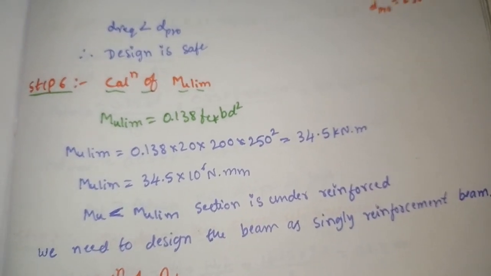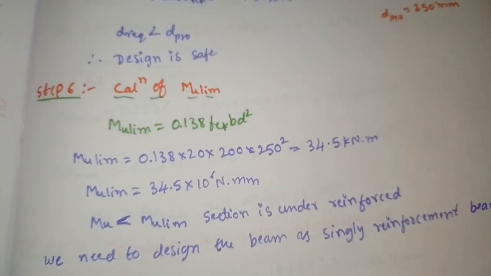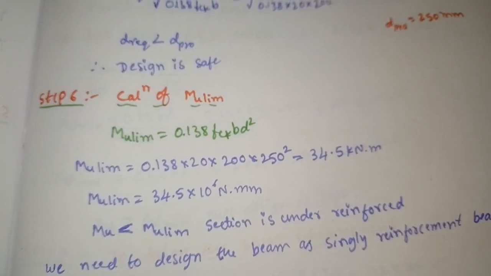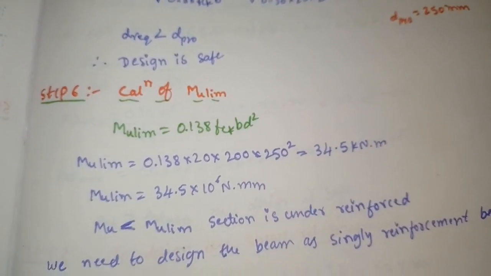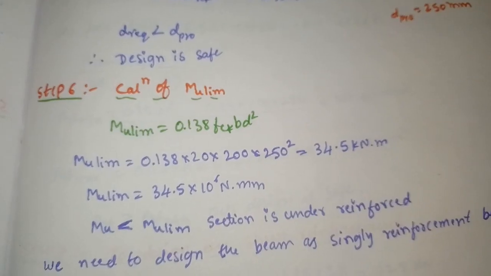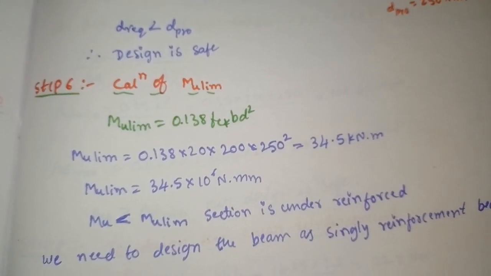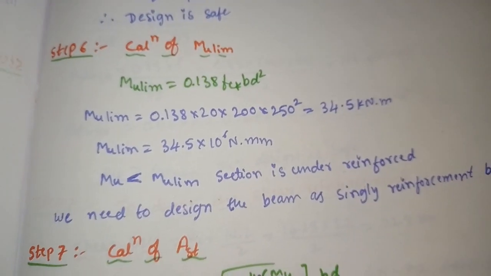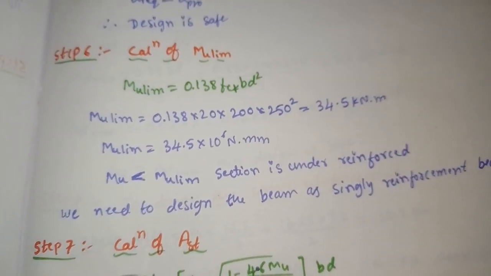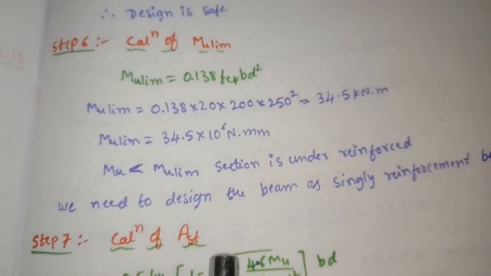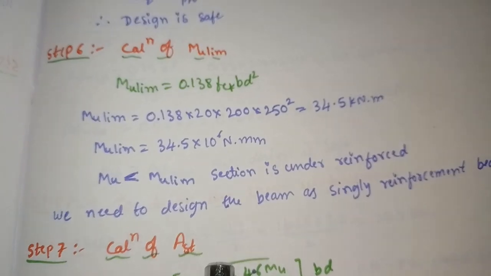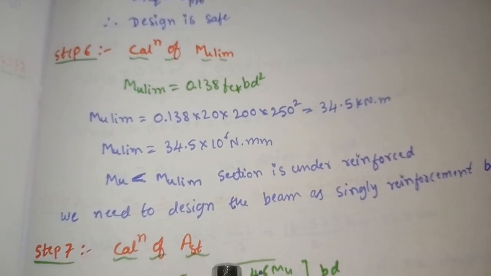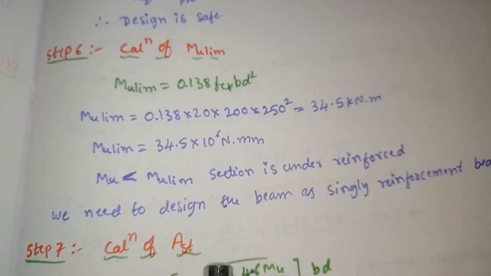And the next step is the calculation of the area of steel required, that is denoted as AST. So step 7 is the calculation of the AST. For calculation of AST, there are two methods.